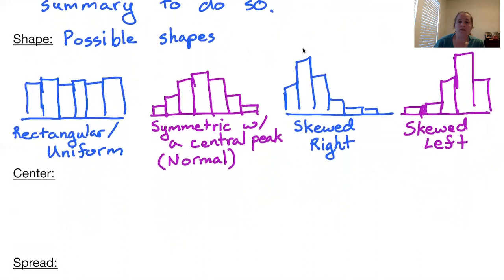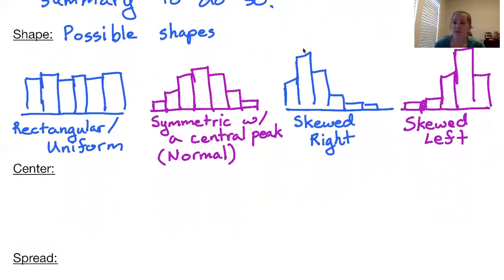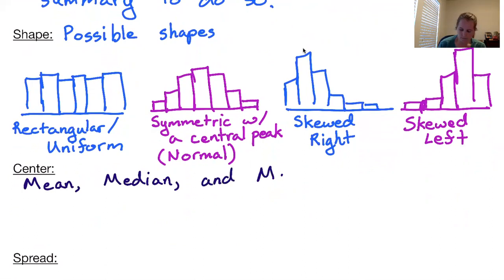For our center, we will have multiple ways of showing center. Some common ways are the mean, median, and mode. The mean is what we typically hear as the average.